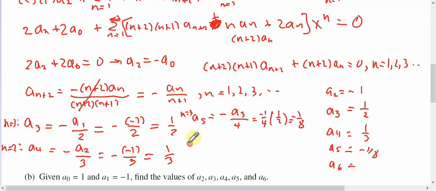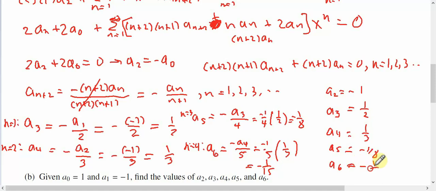And the last one, when n is 4, I get a6 is minus a4 over 5. But a4 is 1/3, so I get minus 1/15. Hopefully I didn't make any arithmetic errors, but anyway, those are the coefficients.